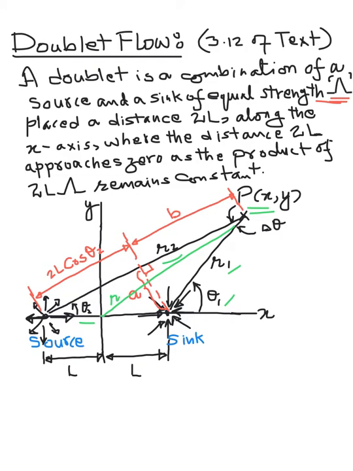Moreover, I have indicated some distances with the help of right angle triangle laws, and you can easily obtain that. So this distance I am calling 2L cos theta 2, and this I am calling B distance. So next we will go and write the stream function for this doublet.